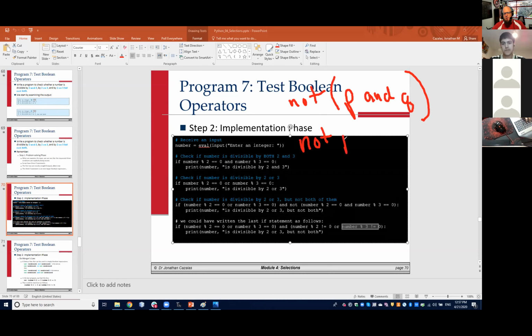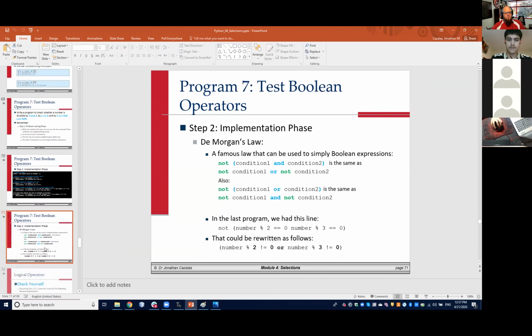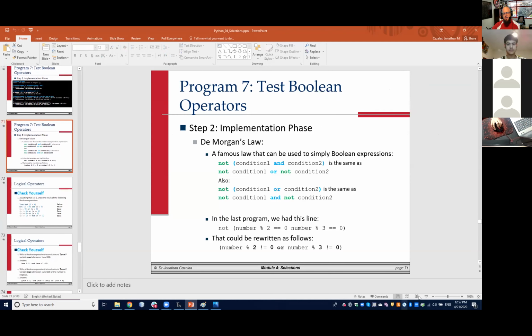So it's not P, and it gets distributed to the Q as well, so not Q. But then a special rule applies: the and flips to an or. Again, that's not something we're really trying to study right now, but since we're on the topic, I figure I'll throw it out to you. It's called De Morgan's Law, and if you review the PDF which is online, you'll see it's mentioned right here. Let me click that slide.